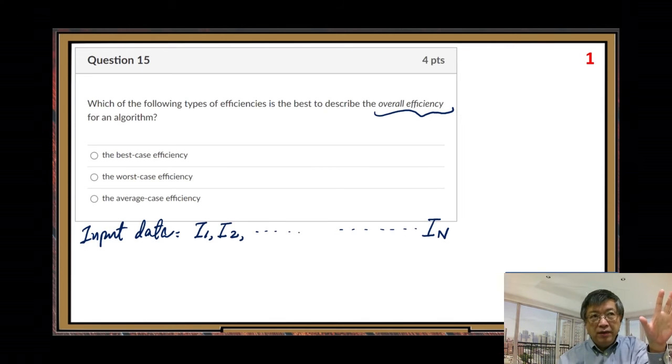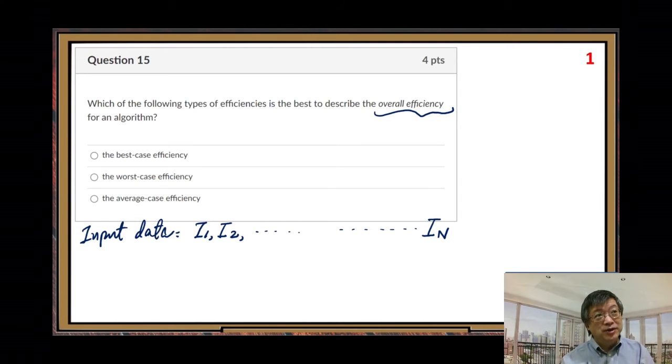Among them, there is only one that corresponds to the best case efficiency, right? Only one. Here, let us just assume that, because sometimes it may not be only one.